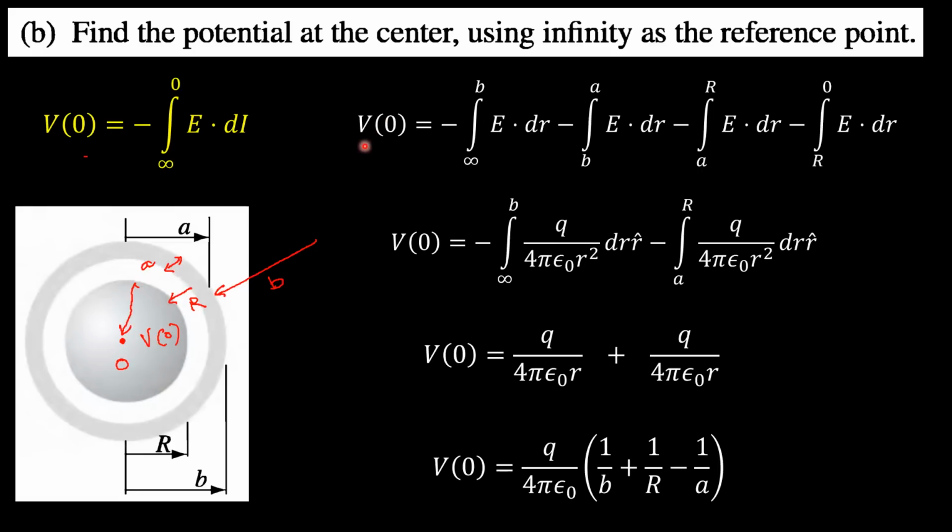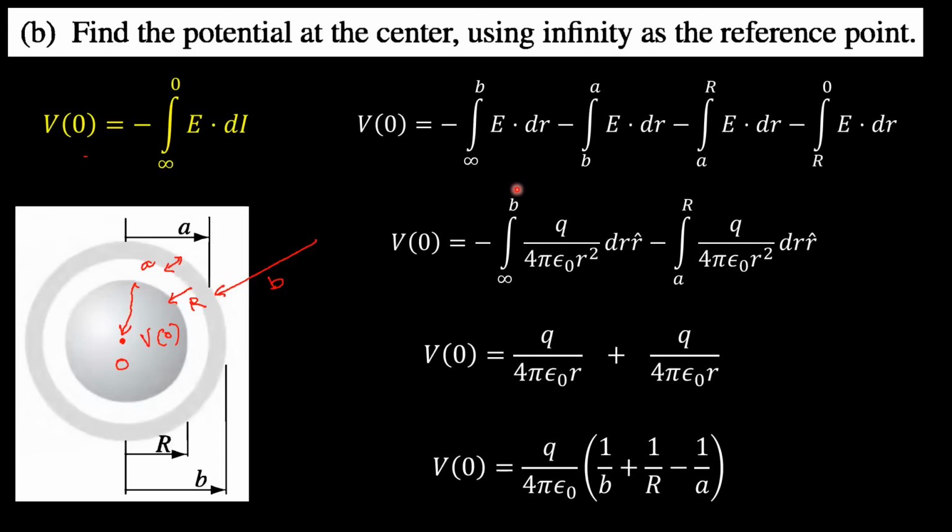So the potential at the point 0 is equal to minus the integral from infinity to b of E dot dr, then the integral from b to a of E dr, then from a to R of E dr, then similarly the next region, R to 0, of E dot dr.